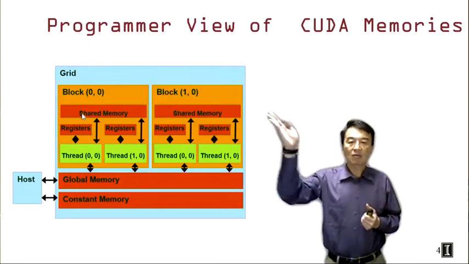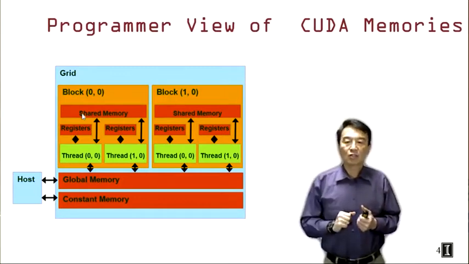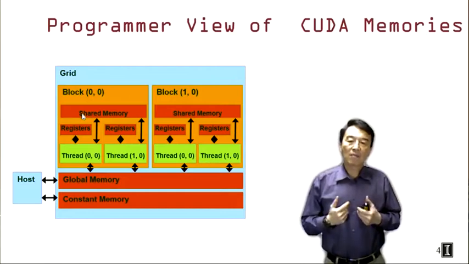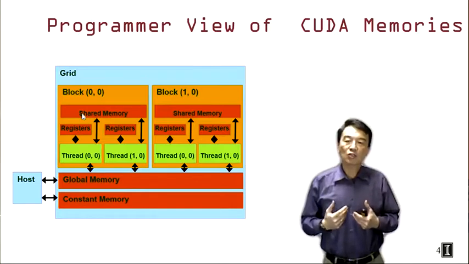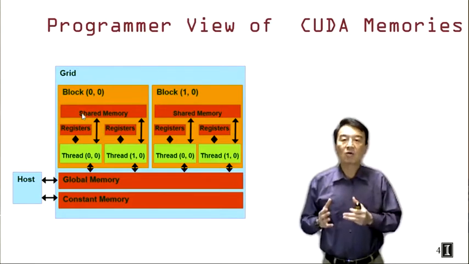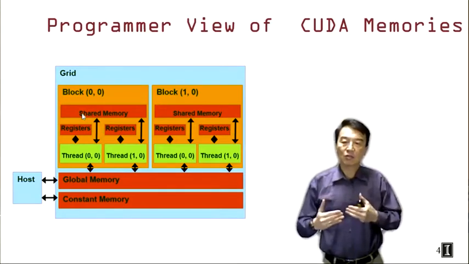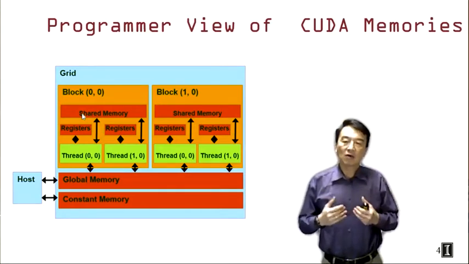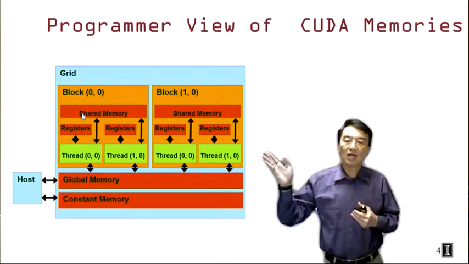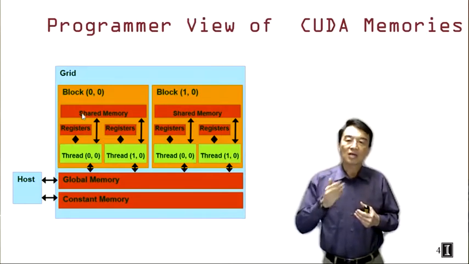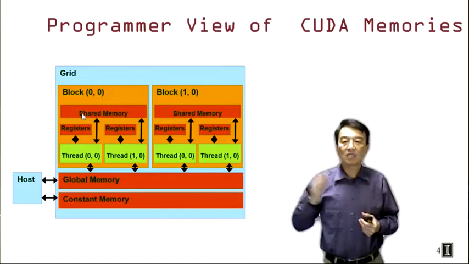Now let's move up one more level here for the shared memory. All the thread blocks will be able to use shared memory. And whenever a thread block uses shared memory, all the threads in that same block will be able to see the contents of the shared memory. However, whatever any threads in a thread block place into the shared memory, threads in other thread blocks will not be able to see the contents.